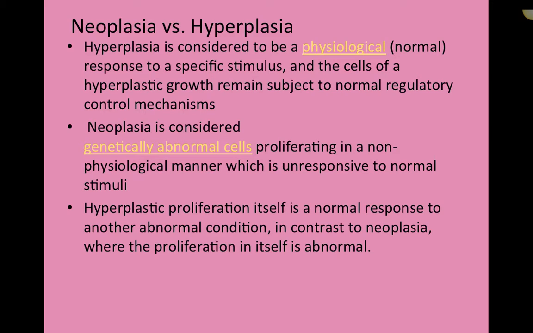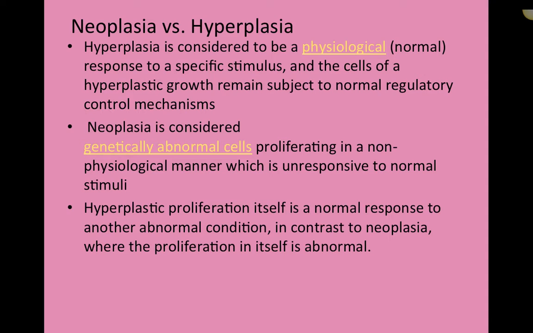This is a big wordy slide. Hyperplasia is considered to be a physiological, so normal, response to a specific stimulus, and the cells of a hyperplastic growth remain subject to normal regulatory control mechanisms. So it's a response to a stimulus, and it's subject to normal regulatory control mechanisms.